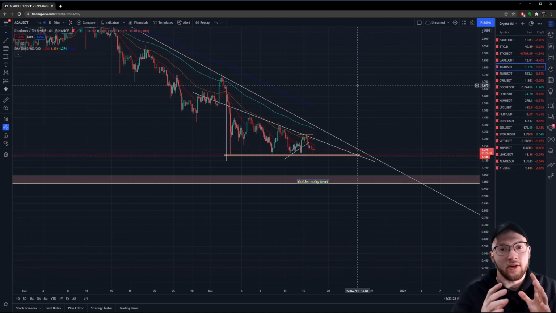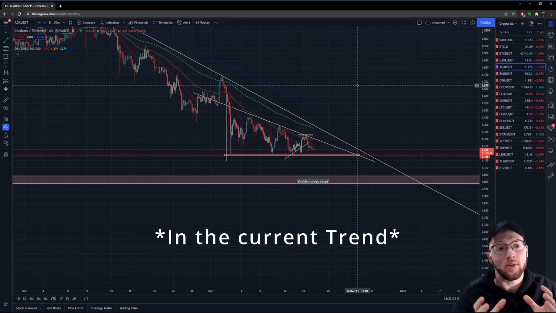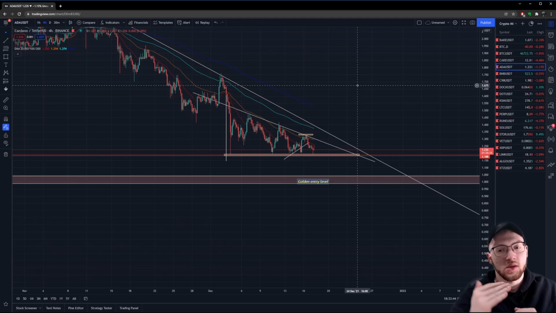What is this triangle? This triangle stands for a continuation of the current pattern. So if the primary trend is the downtrend, so if let's say now we're going down, this pattern is actually helping us to understand that the market is going down and that most likely there is going to be a continuation of the current trend.